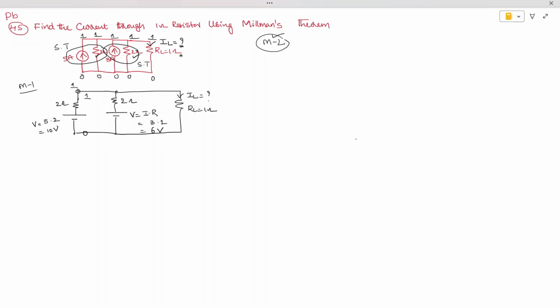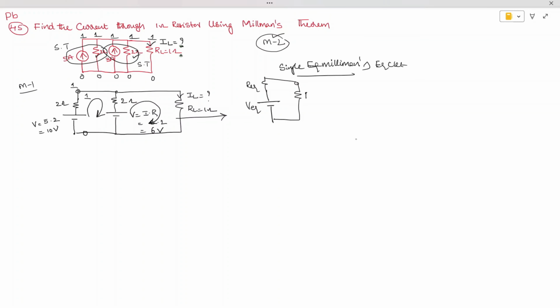Now let's see the formula of applying Millman's theorem. This is electrical circuit 1, this is electrical circuit 2. Let us convert this into a single equivalent, a Millman's equivalent circuit consisting of an equivalent voltage and R equivalent, and replace the load resistor, which is RL.